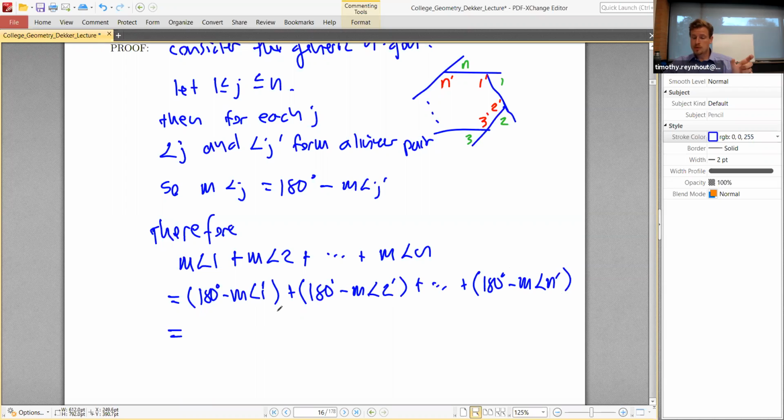So what we can do is start to combine terms. So 180, 180, there are n of them, so n times 180 degrees minus the measure of angle 1 prime minus the measure of angle 2 prime minus all the way down to the measure of angle n prime.